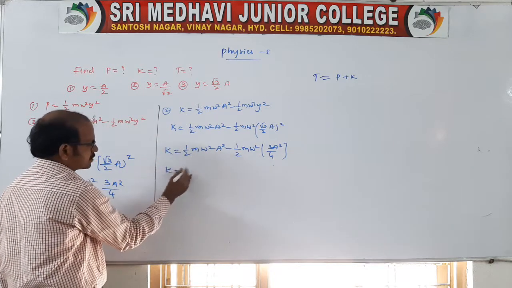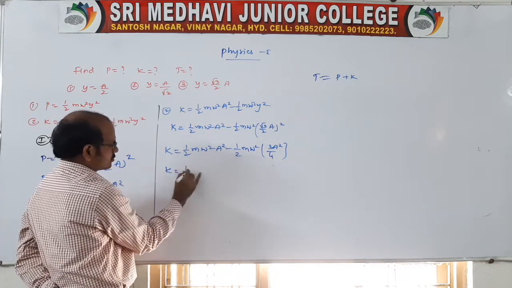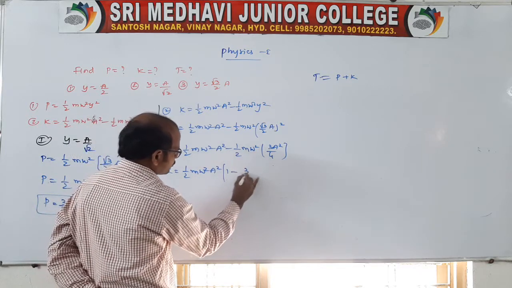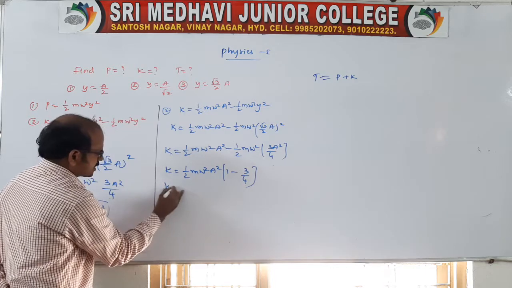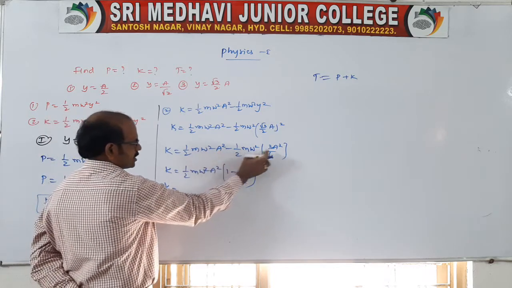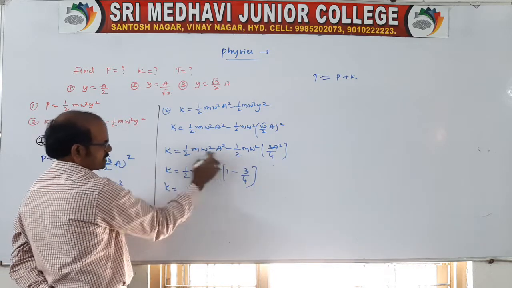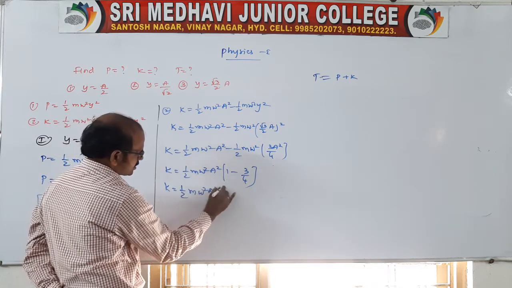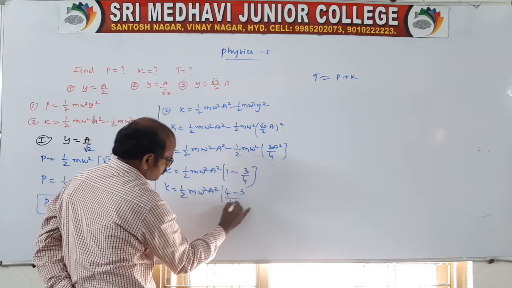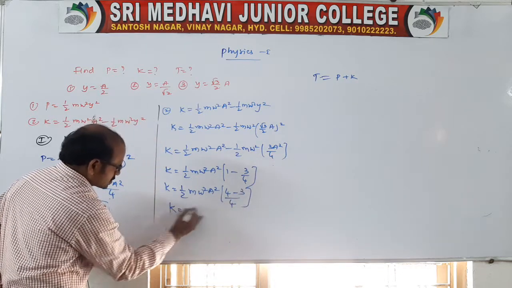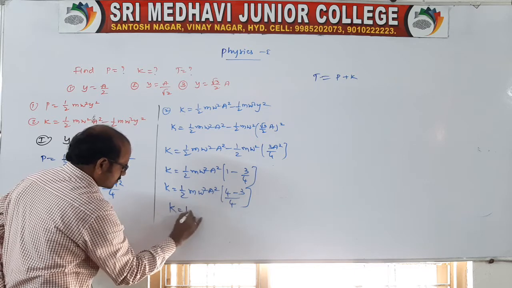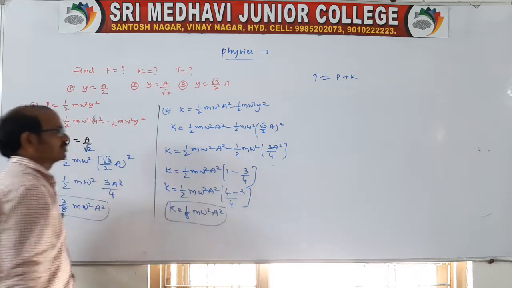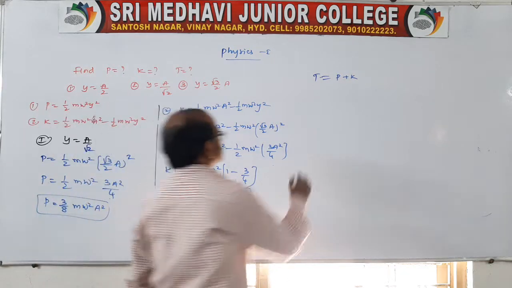So better you take common here, 1 by 2 m omega square a square common, 1 minus 3 by 4 you will get. So remaining is 1 minus 3 by 4, that is 4 minus 3 by 4. So 4 into 2, 8, 4 minus 3, so that is 1 by 8 m omega square a square is the kinetic energy. Now you go for the total energy.